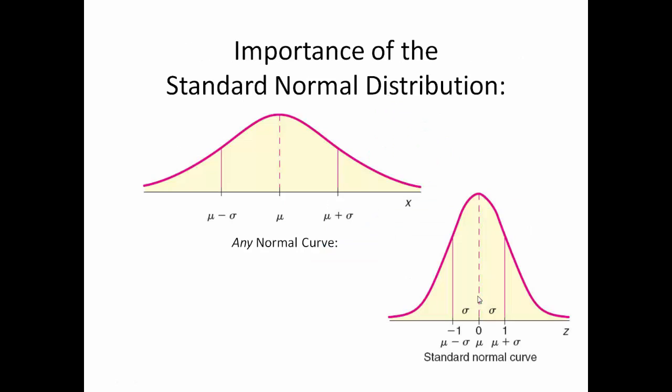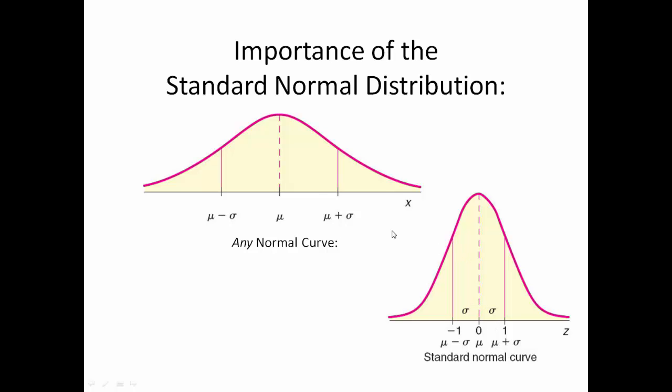The standard normal distribution is like any other normal curve, as mentioned in an earlier video. With any normal curve, we are one standard deviation to the left of the mean, one standard deviation to the right of the mean. And we have the same here.